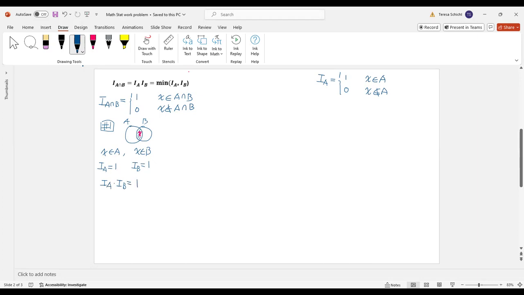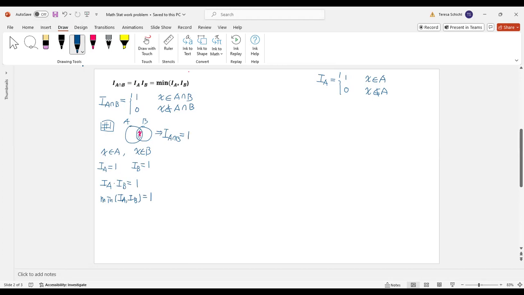So now IA times IB will be 1. Also, the minimum value of IA and IB is the minimum of 1 and 1, so it's 1. Because x is in the intersection, the indicator of A intersect B is 1.